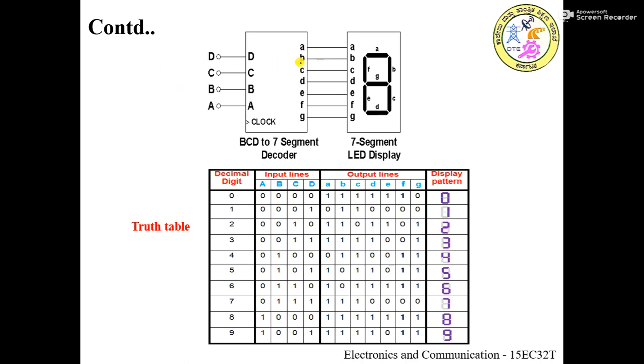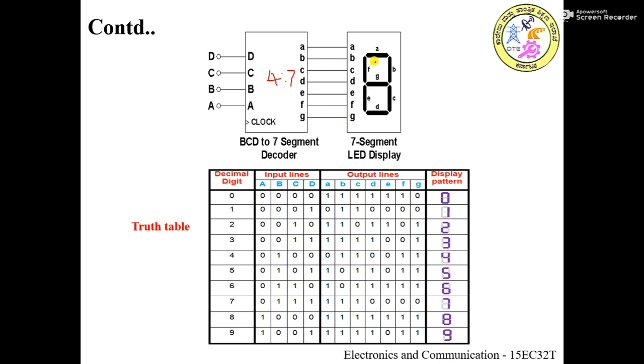If you see the connection here, this 4:7 decoder has 4 inputs A, B, C, D and 7 outputs designated with the same names as the LEDs, A, B, C, D, E, F, G. A is connected to A, B is connected to B, and similarly the last output line, G, is connected to G.